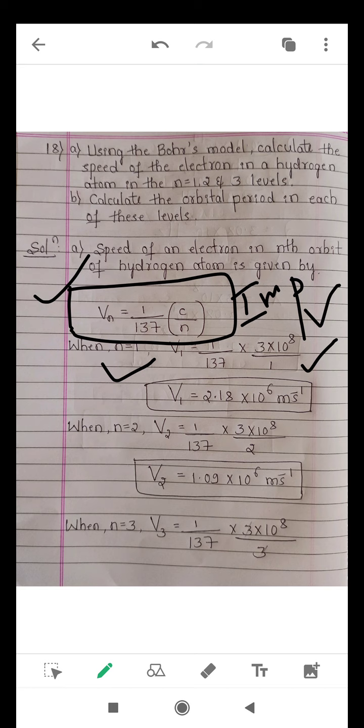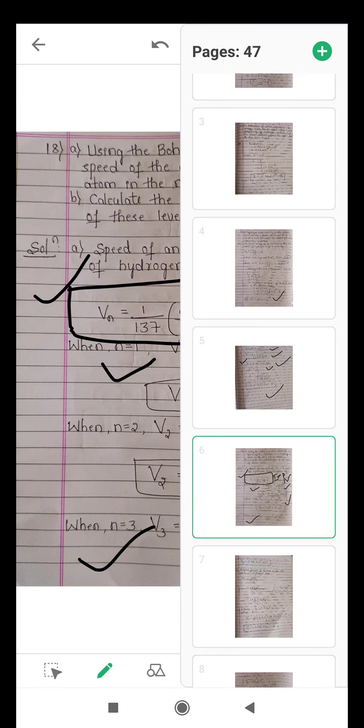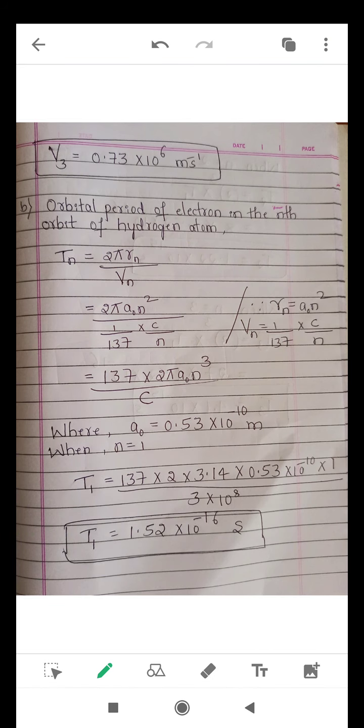So we'll get v2 value as 1.09 into 10 to the power 6 meters per second. Similarly, when n equal to 3, we'll get v3 as 0.76 into 10 to the power 6 meters per second.